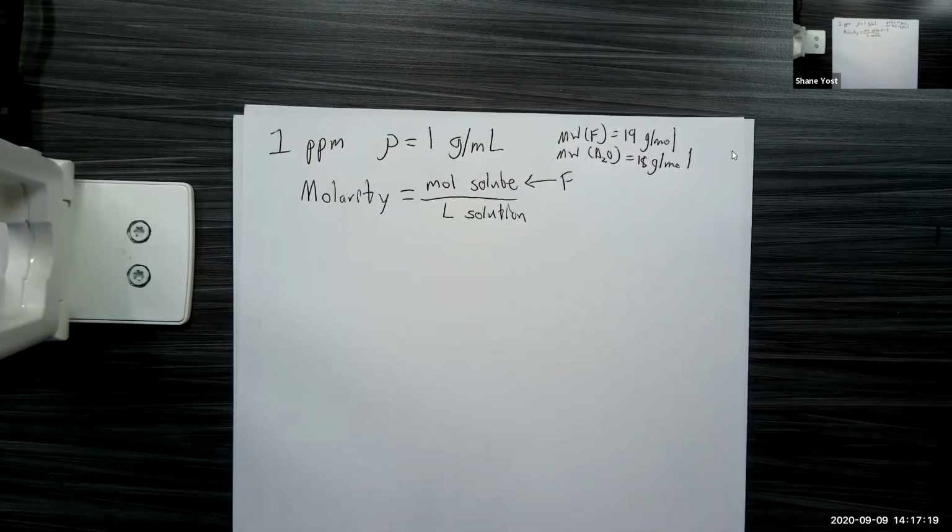So if we want to get that molarity, we need to figure out how many moles of solute I have in some number of liters of solution. So what would be one of the first things I'd want to do to help solve this question?